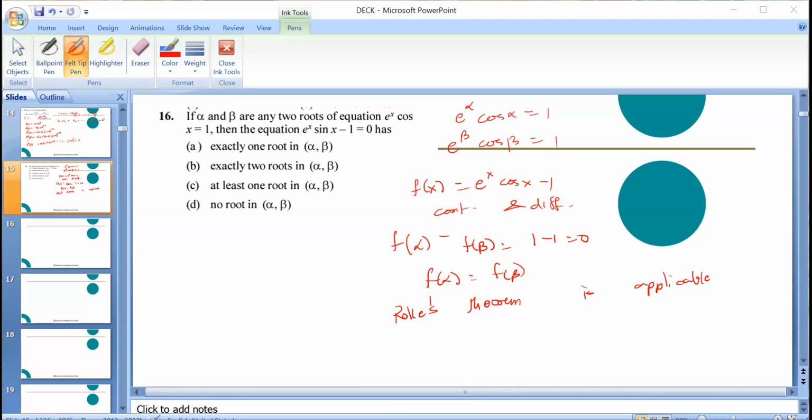That means the function has at least one root in the interval alpha beta. Option C is the correct. Next, we will take question number 17.